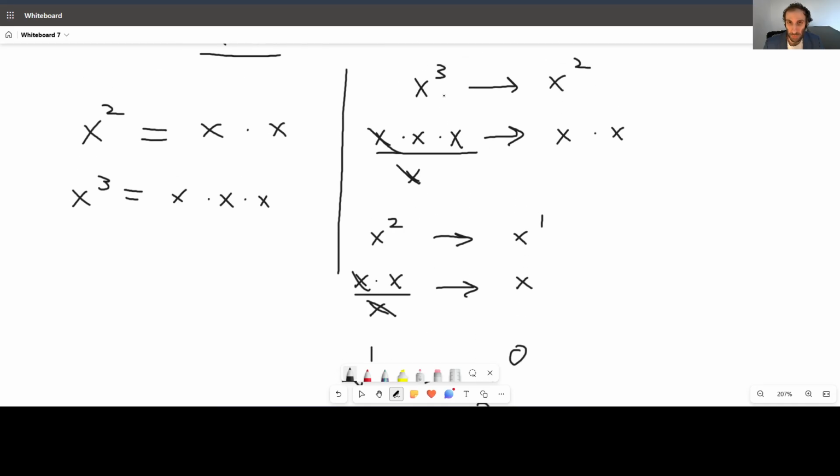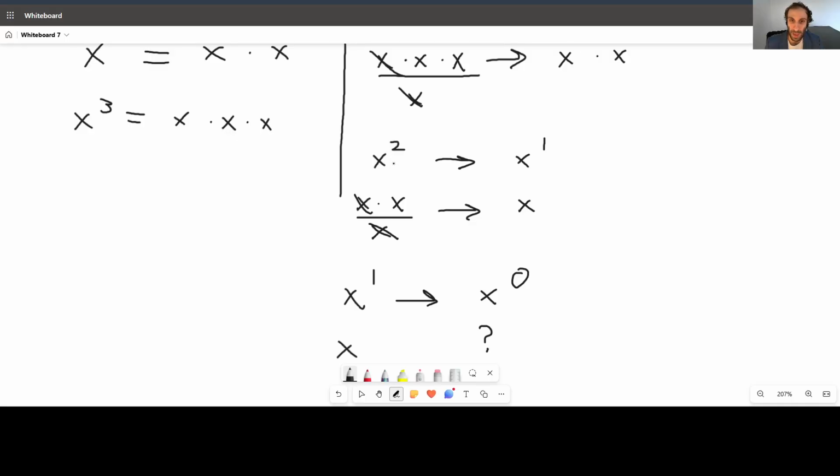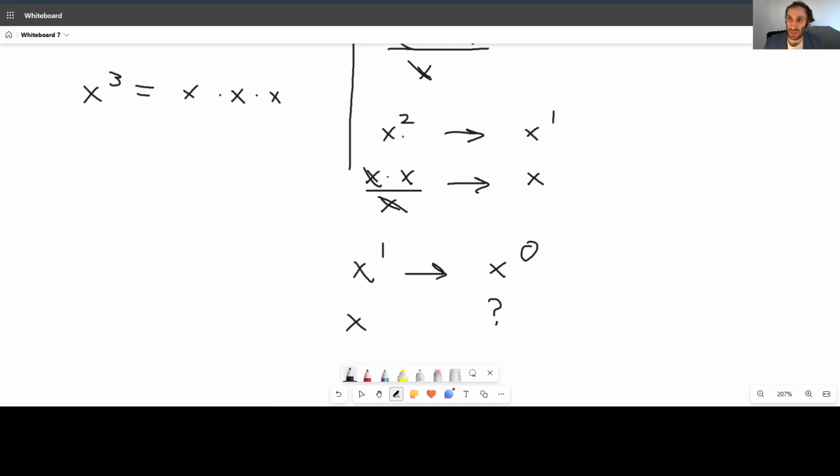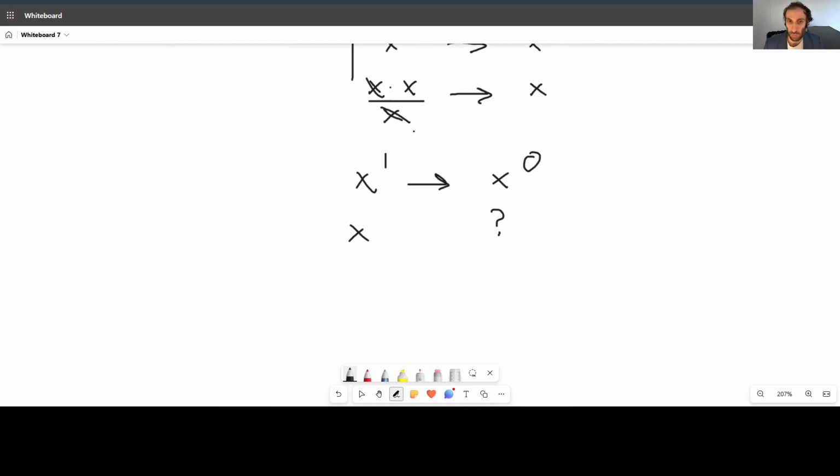Well, notice that we've been moving from x cubed to x squared, and by going down one exponent, we divide by an x, right? Same thing with here. We have x squared, and we're trying to move from x squared to x to the first, so we divide by another x, right? Because division is the inverse of multiplication. And so what about this? Well, we just follow the same pattern.